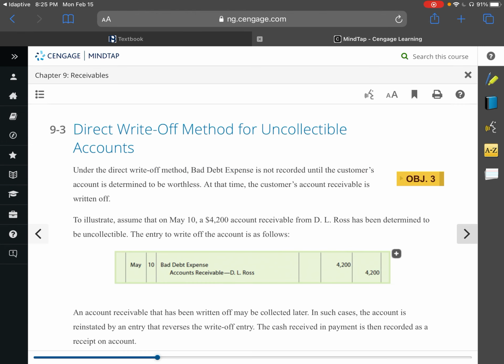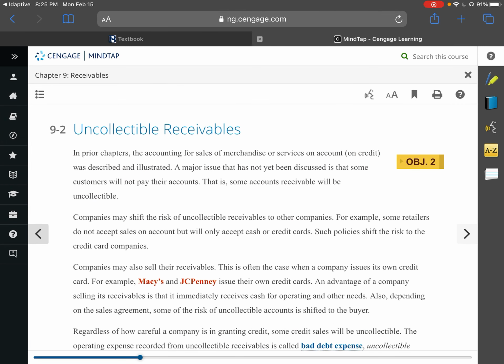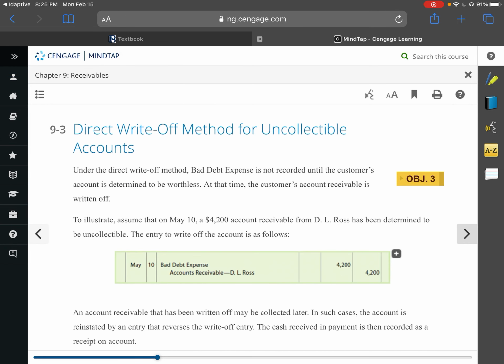But we're actually going to get into that next week. So I'll give you a little preview of what we're going to look at next week. So the direct write-off method, so we're talking about uncollectible receivables. So this is a receivable that we have deemed we're never going to collect. The direct write-off method writes it off one way, and the allowance method writes it off another way.